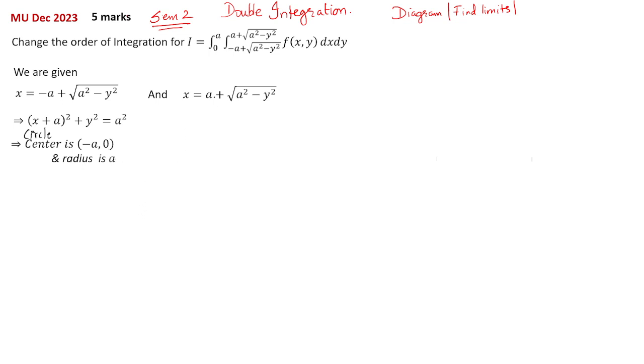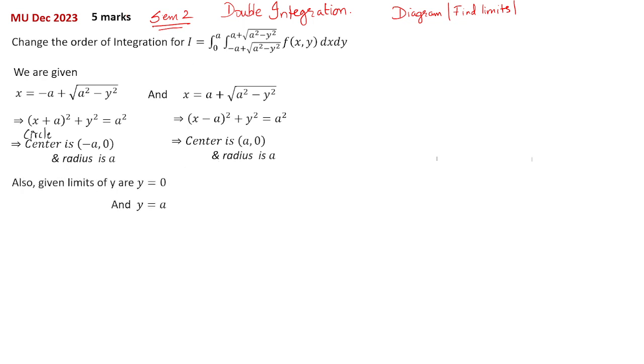Similarly, when you simplify the other part, x equals a plus square root of a square minus y square, you obtain (x minus a) the whole square plus y square equals a square, and center is a comma 0 and radius is a. Also, you have the limits for y from the outer limits, that is y equals 0 and y equals a.